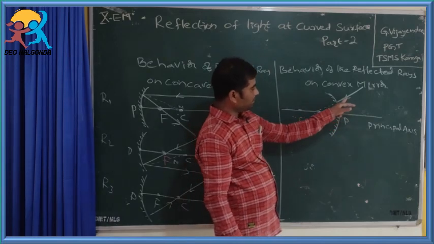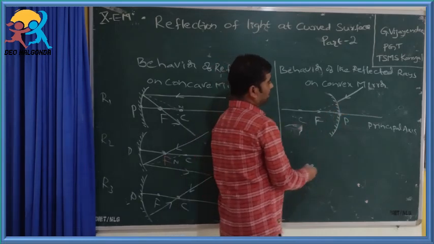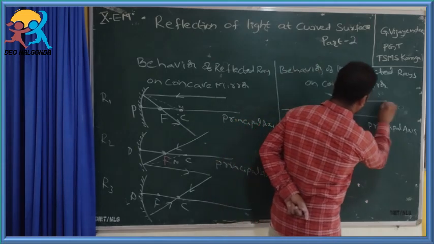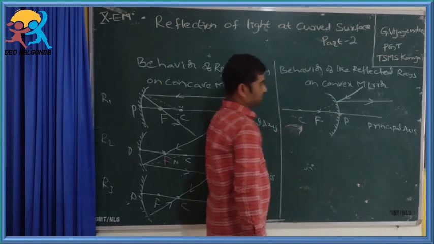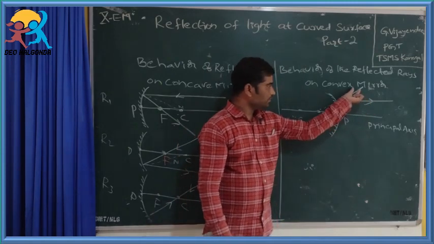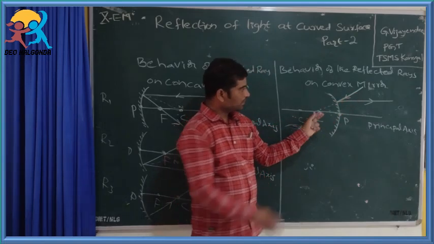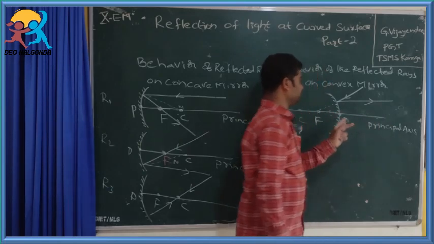If the direction of the incident ray is toward the focus on the convex mirror, then the reflected ray is parallel to the principal axis. This is the incident ray, this is the reflected ray. The reflected ray is parallel to the principal axis. This is rule 1.